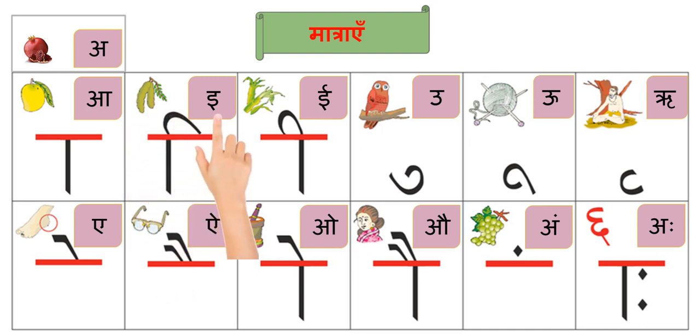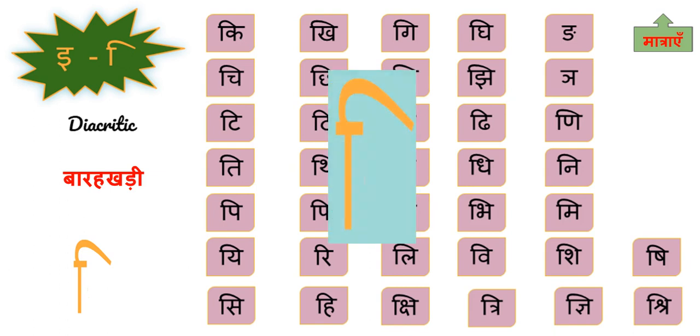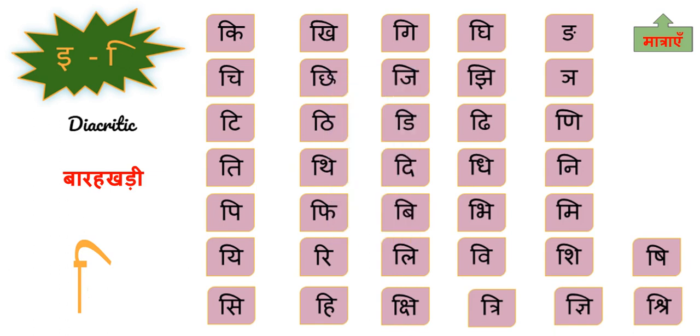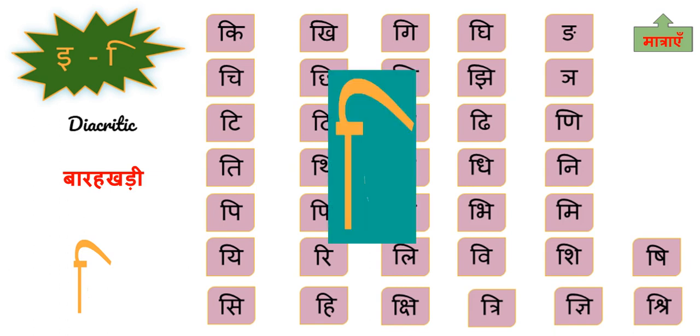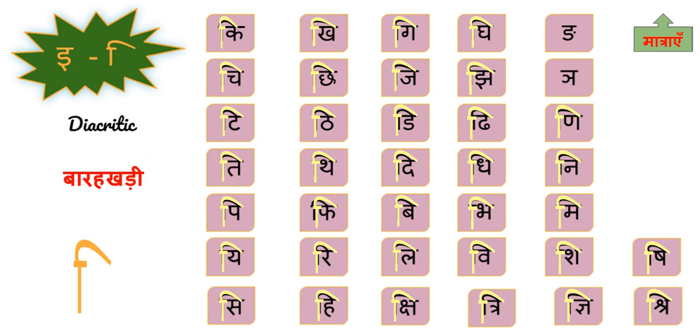इमली वाला ई. This is choti e की मात्रा, small e, and the symbol looks like English F. When this diacritic or secondary form of small e, choti e is added to the consonant, they will look like this. क में छोटी ई की मात्रा की.